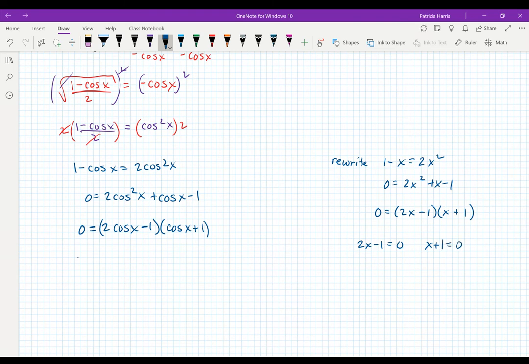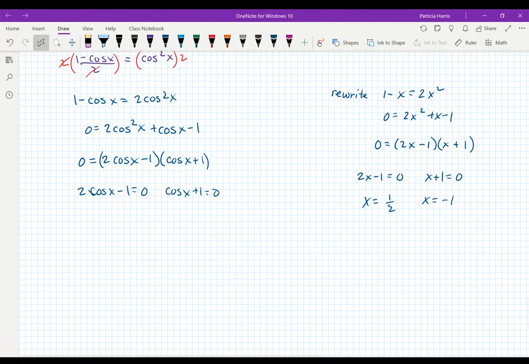Same thing over here. Okay, now we solve. We get x is equal to 1/2, x is equal to -1. And if we were factoring a quadratic, we would do the same thing. So cosine x equals 1/2, cosine x equals -1.